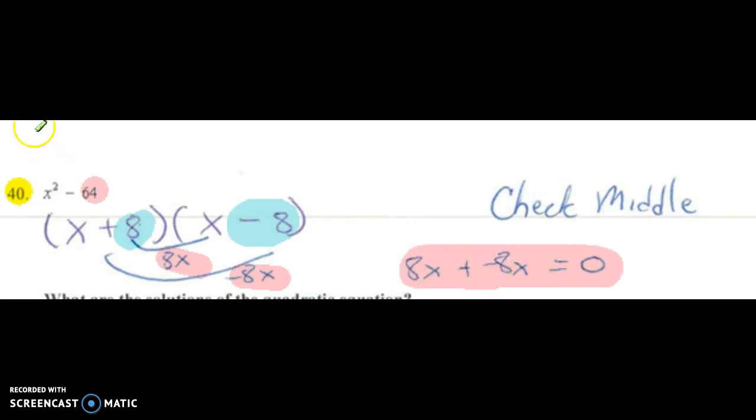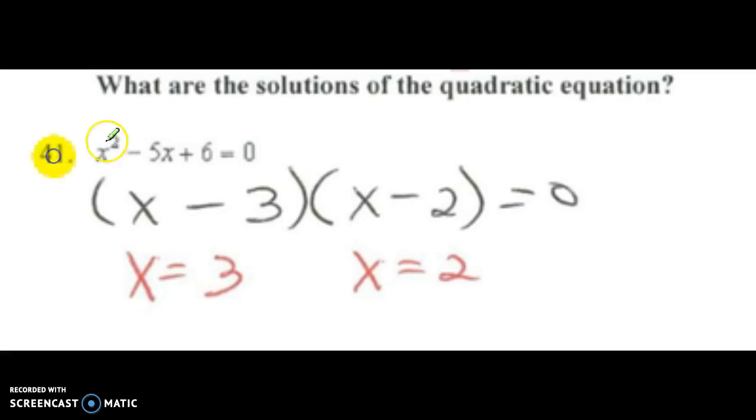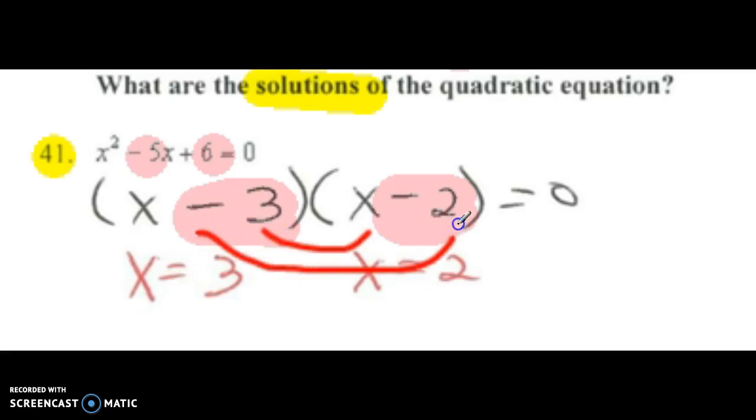There's no middle term, so that's factored correctly. In problem 41, I am looking for the solutions. So I need to factor this. What multiplies to +6 and adds to -5? Those numbers are -3 and -2. And then I'm going to do a mental check to make sure I factored it correctly. So those multiply out and do give me -5.